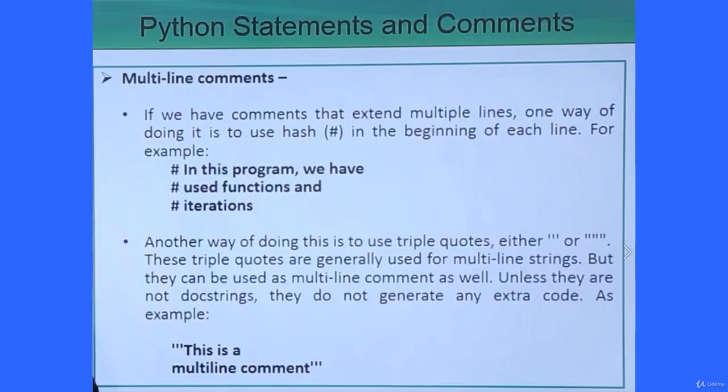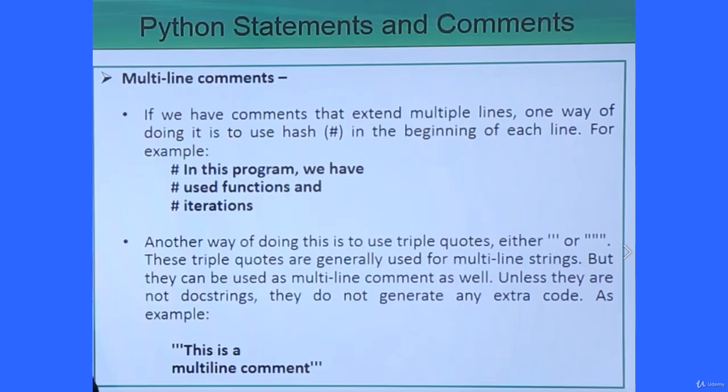Another way of doing this is to use triple quotes, either triple single quotes or triple double quotes. These triple quotes are generally used for multi-line strings, but they can be used as multi-line comments as well, unless they are docstrings. What a docstring is will come in the next slide. They also do not generate any extra code.